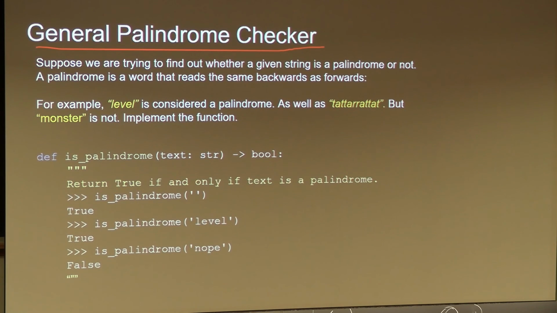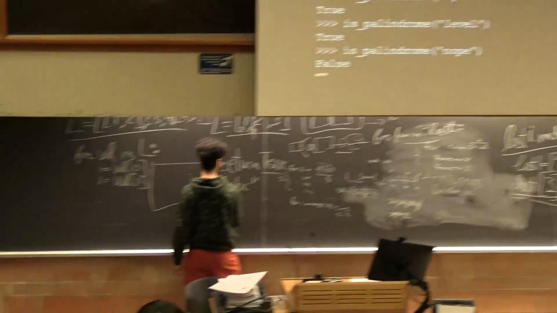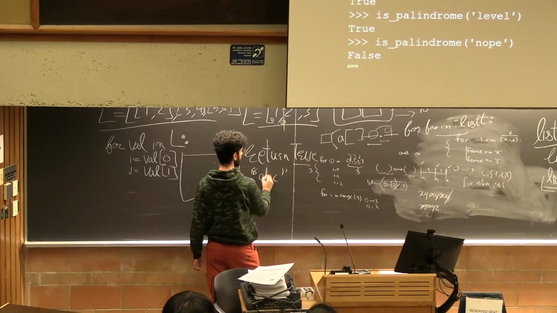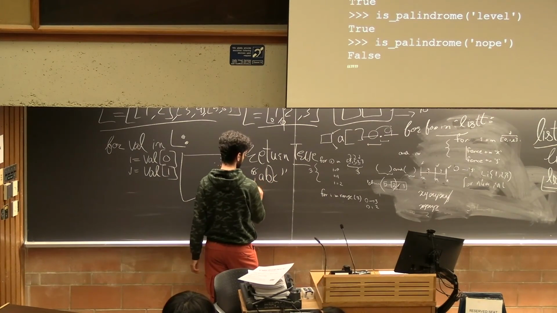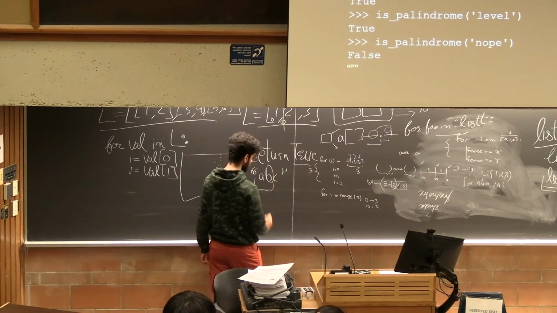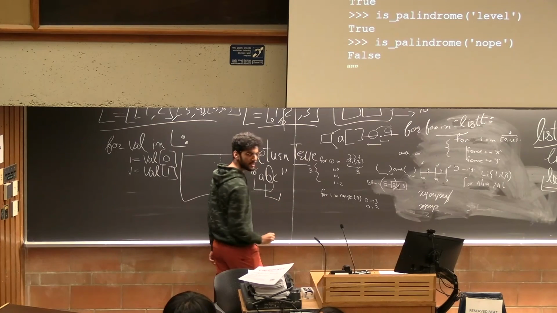It really depends on how you implement the code, but basically if it's of odd length, like A, B, C, the center one is in both.